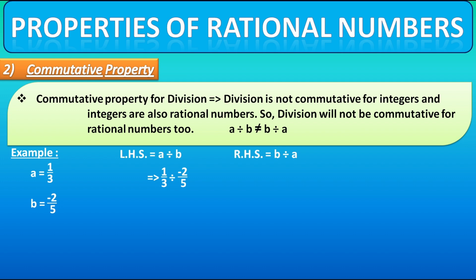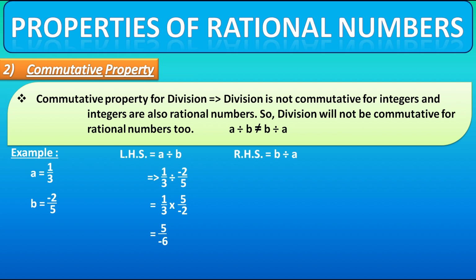So 1 upon 3 will remain as it is, and we write the multiplication sign and then 5 upon minus 2. Now we follow the rule of multiplication: 1 into 5 is 5 and 3 2s are 6 with a negative sign. So I got the answer as 5 upon minus 6 as the LHS part.